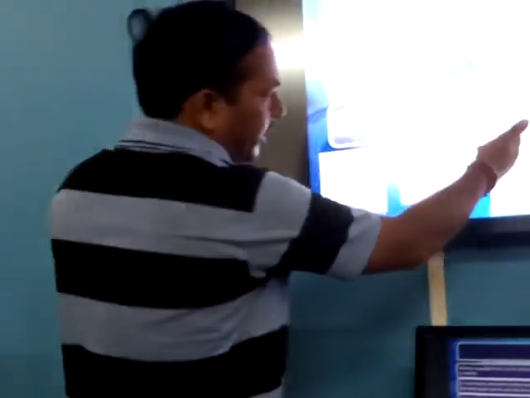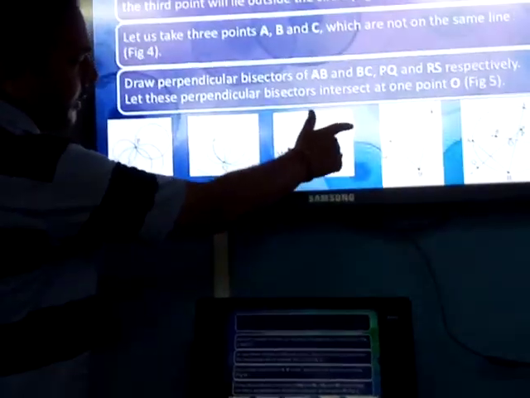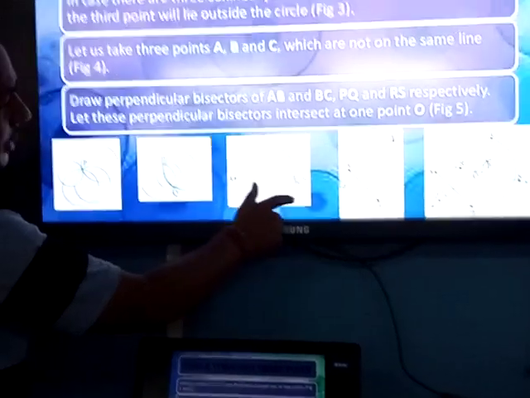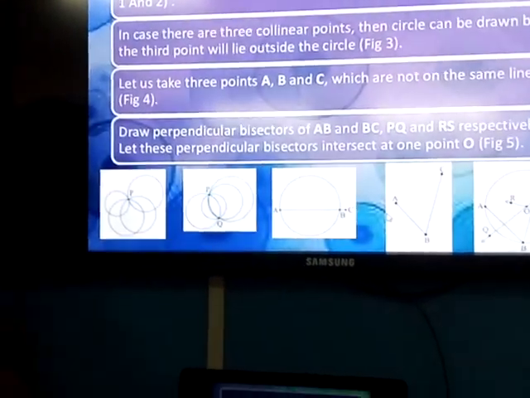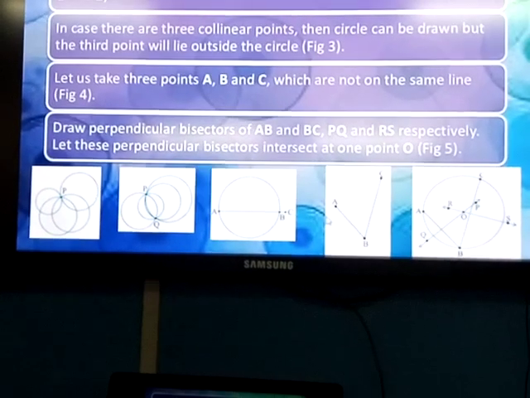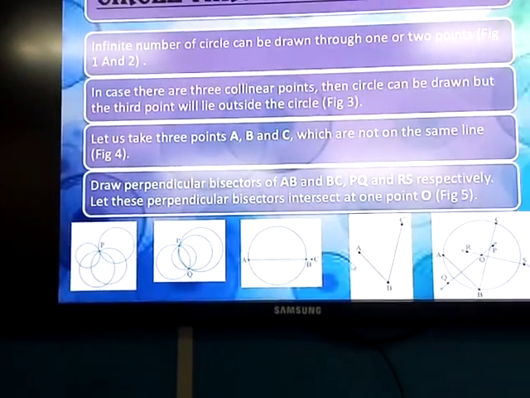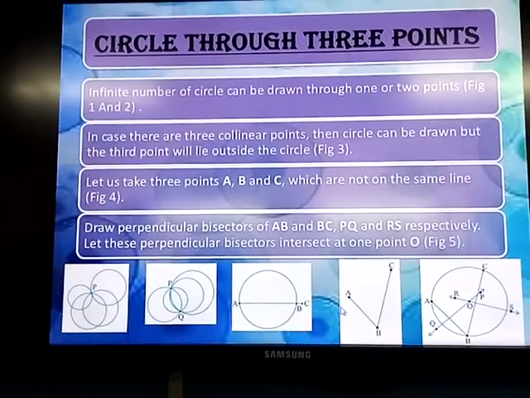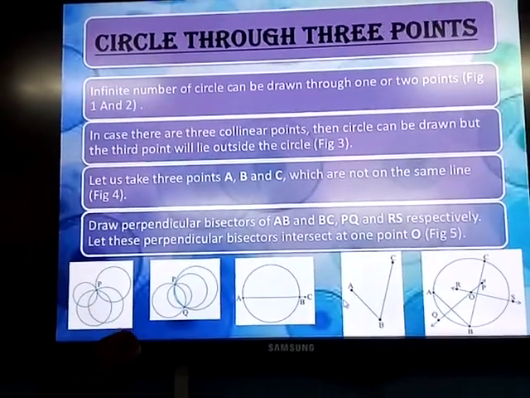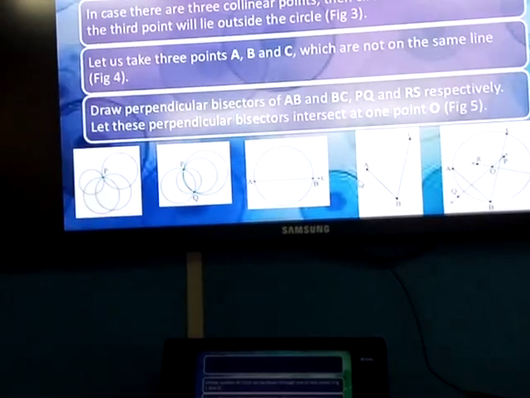Then you can say that when we draw a line, only 2 points of the line meet the boundary of the circle. That means if 3 points are on the same line, we can't draw a circle through these 3 points. We can draw a circle if these points are not in a straight line.